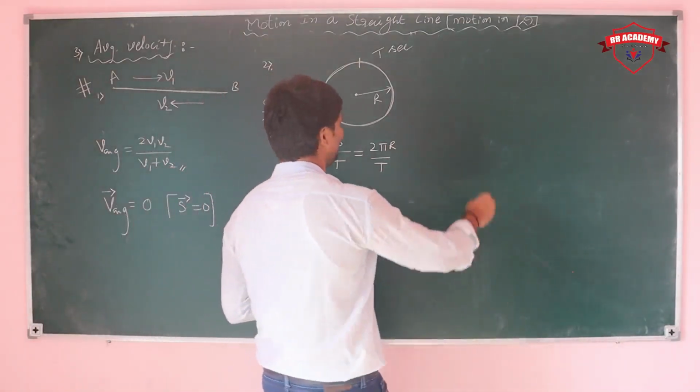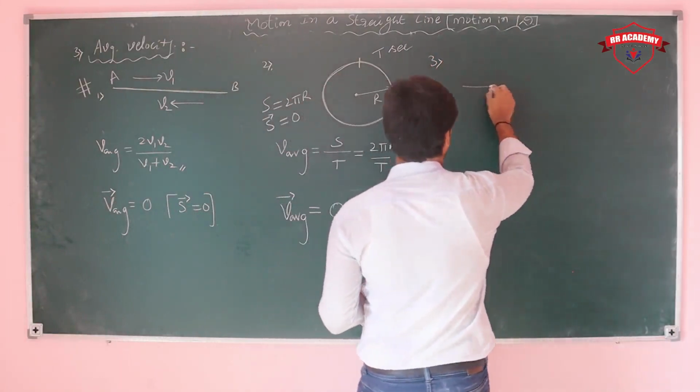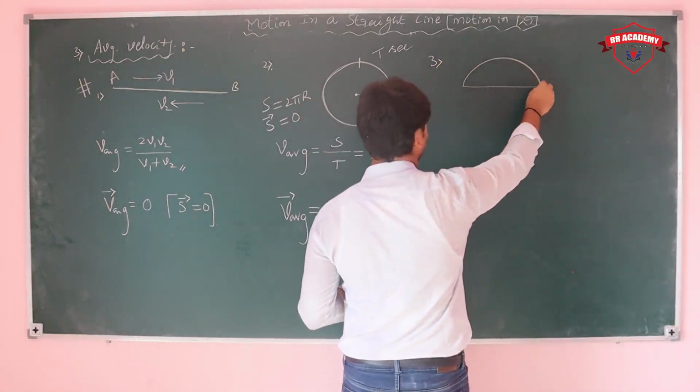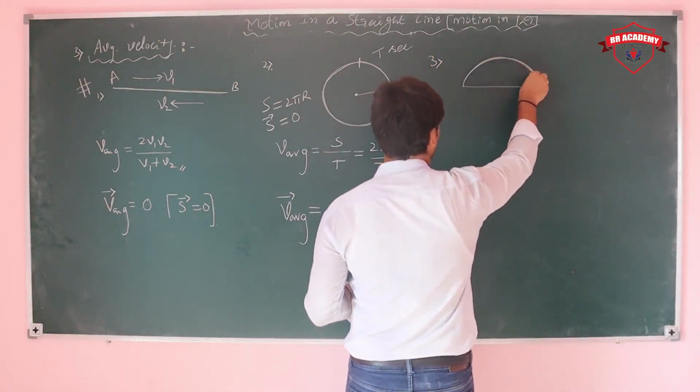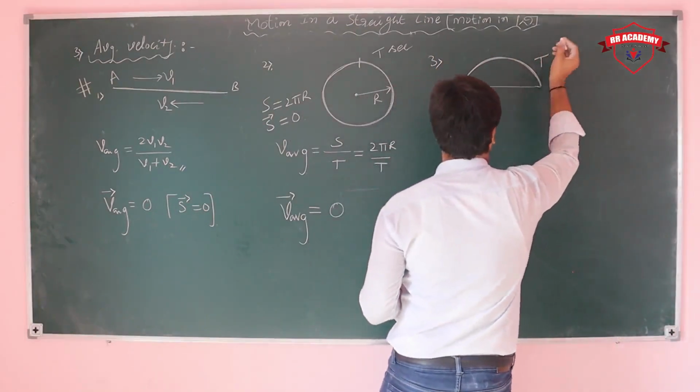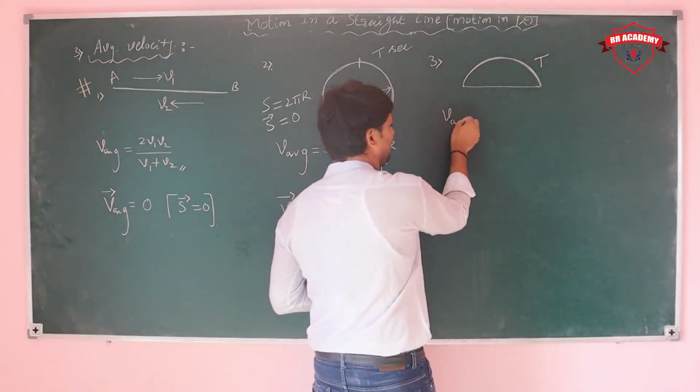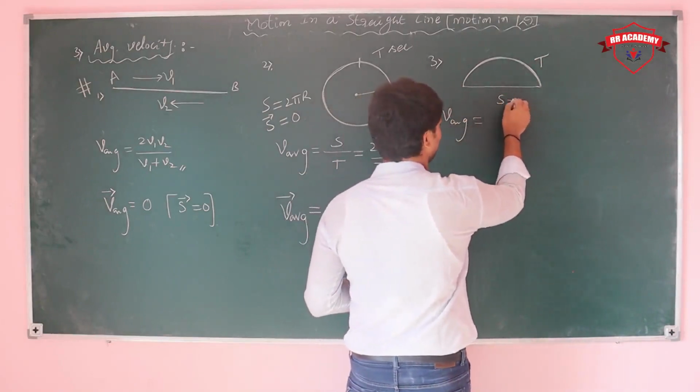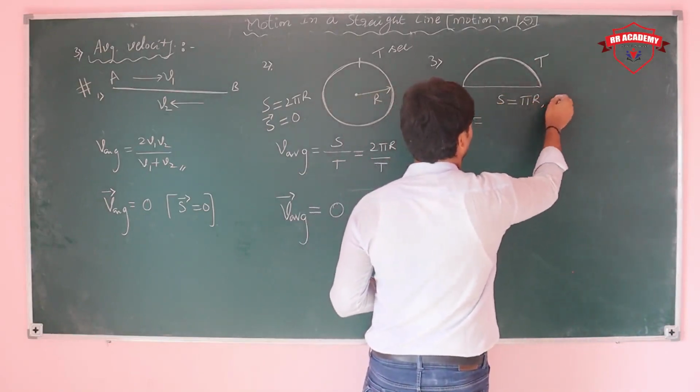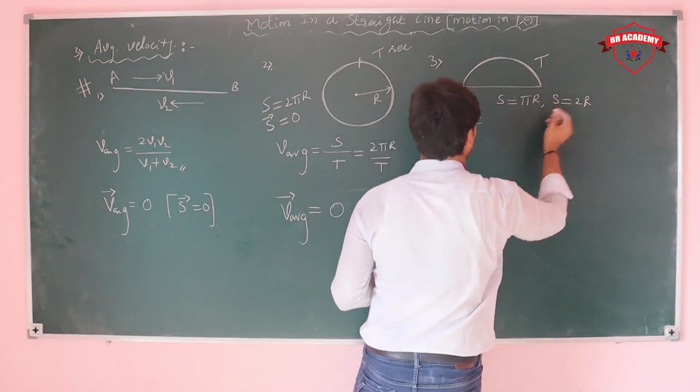And one more example you can take. A particle is traveling half the distance, meaning a semicircular path, in t seconds. Then what is the average speed? Here, distance is equal to pi r, displacement is equal to 2r.